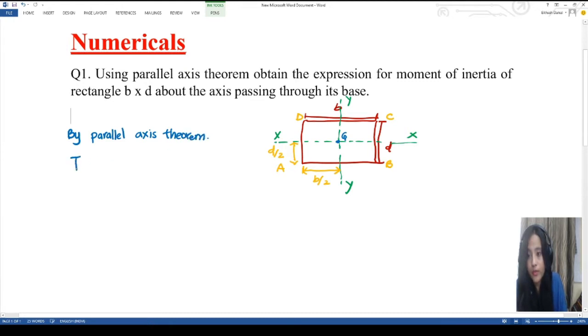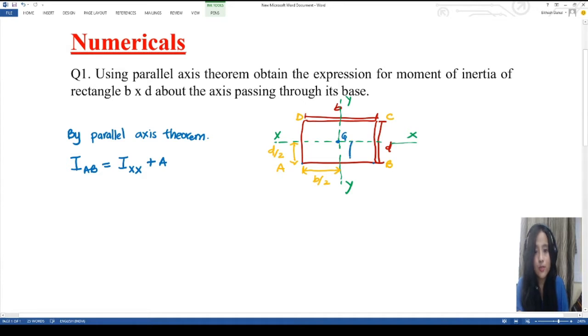the moment of inertia about IAB will be equal to moment of inertia of this rectangular section passing through XX axis. So moment of inertia about XX axis plus area of this rectangular section into the distance between these two axis, that is AB and XX axis.